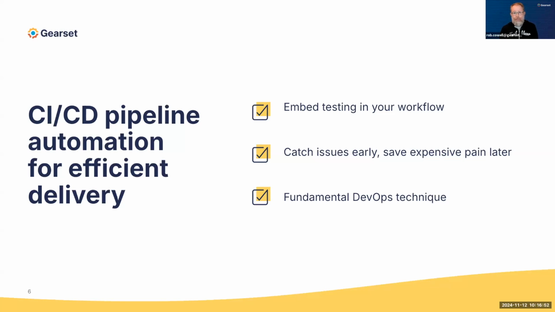Now, continuous delivery, the second part of CI/CD, is where automated deployments come into play. With continuous delivery, successful builds from that integration phase are automatically deployed to higher environments such as staging or UAT, where they undergo further testing, particularly user acceptance testing.